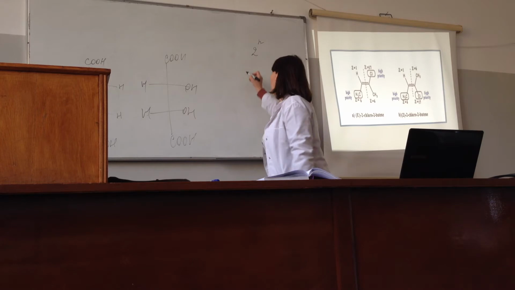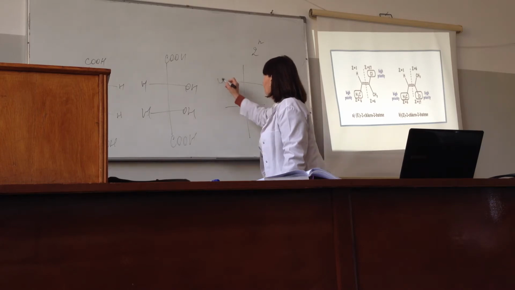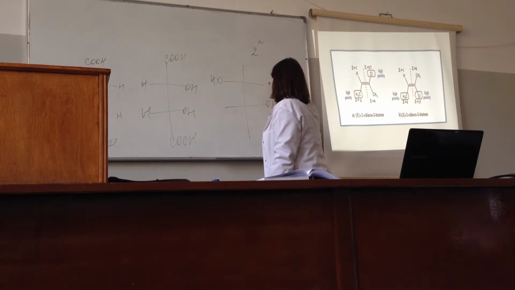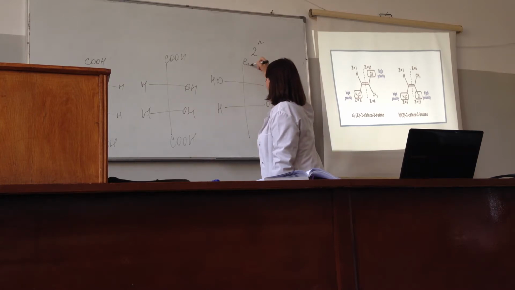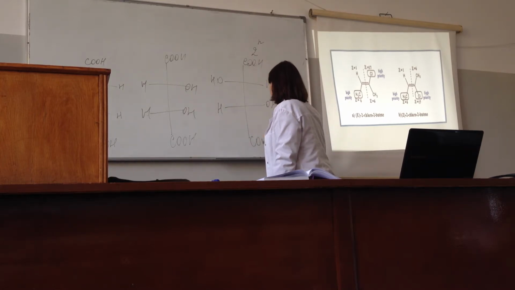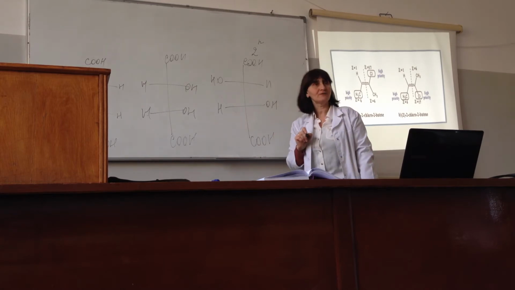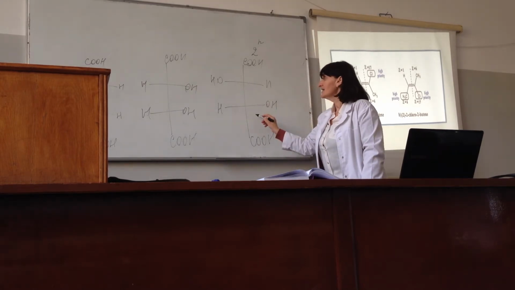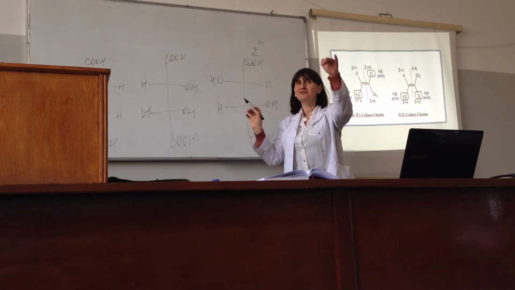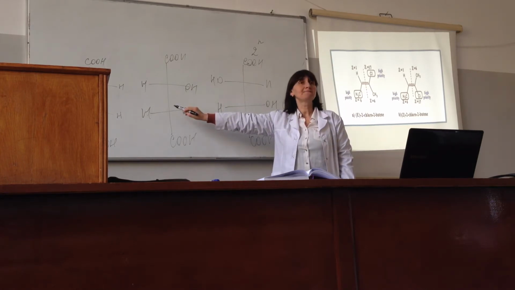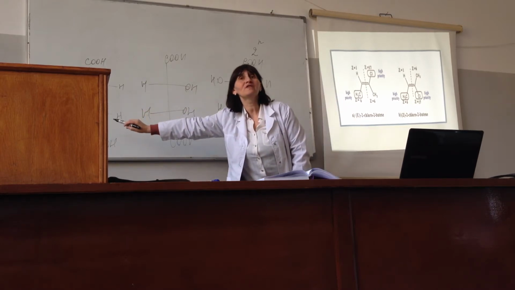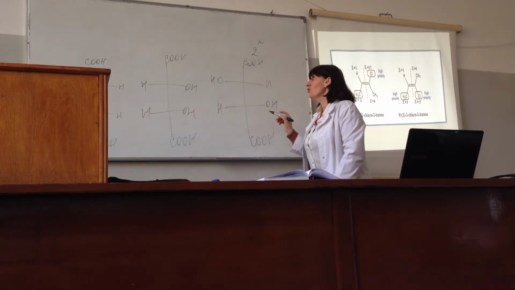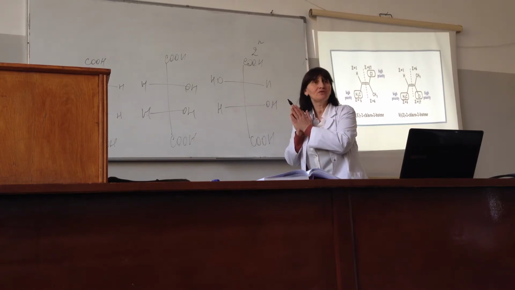Now what about this structure? This structure isn't a mirror image of this one or of this one. Yes. So if they are not mirror images of each other, they are diastereomers.